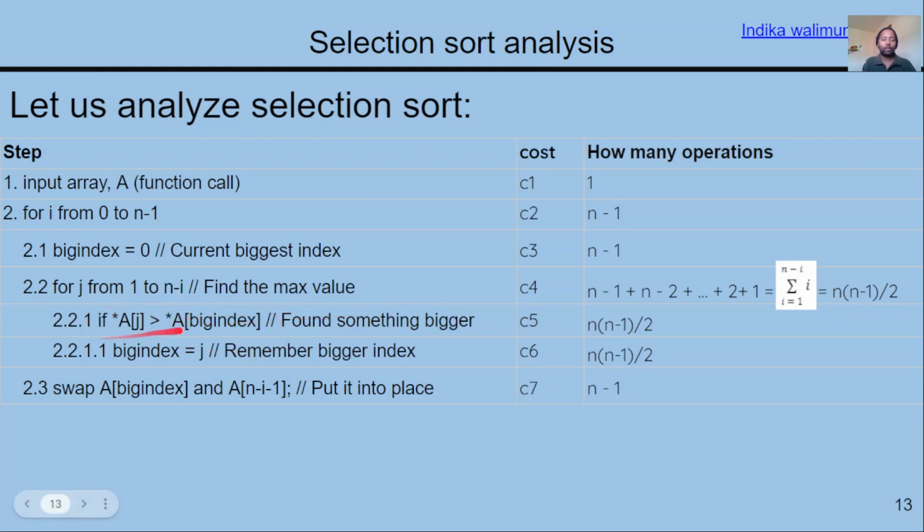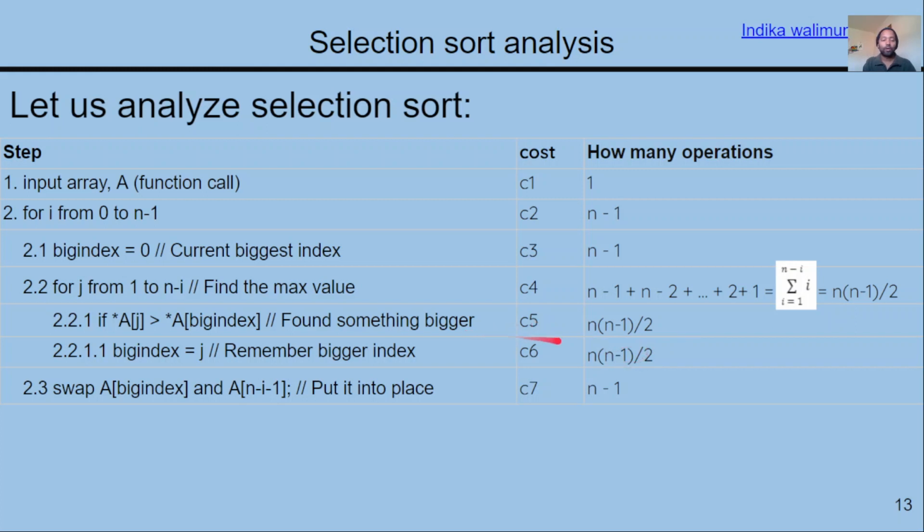This is to find the big index, and that's also similar to this one. Then there's the assignment of big index. If this is true, this assignment and this check also run the same amount of time.